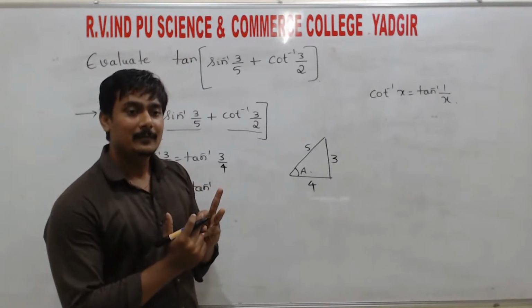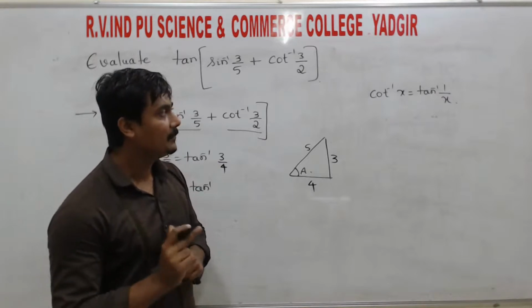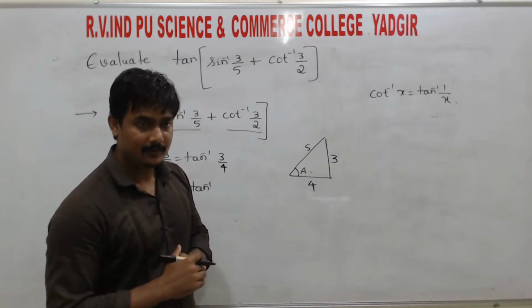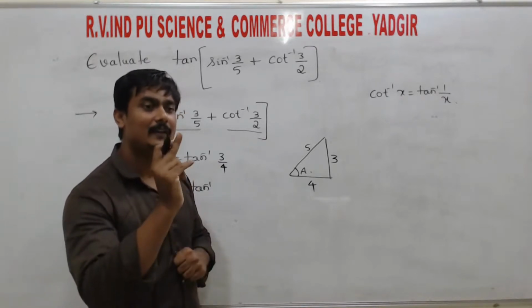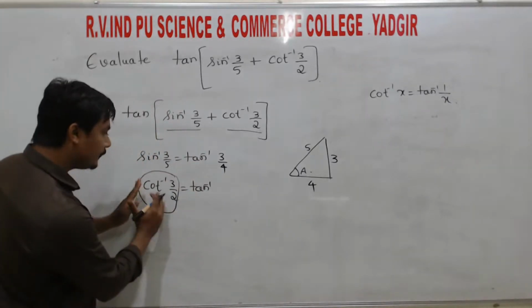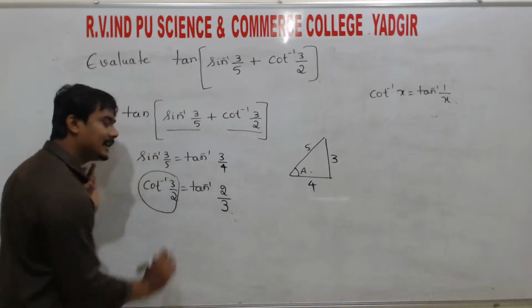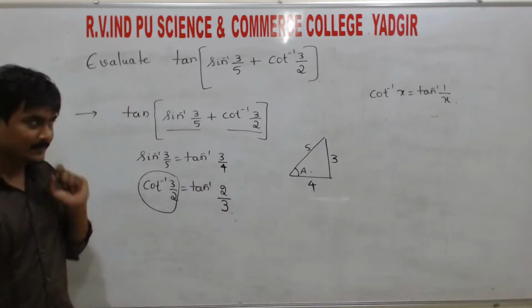Sin inverse of 1 by x is equal to cosecant inverse x. Cos inverse of 1 by x is equal to secant inverse x. Tan inverse 1 by x is equal to cot inverse x. So this cot inverse 3 by 2, if I express in terms of tan inverse, will directly become tan inverse of 2 by 3.